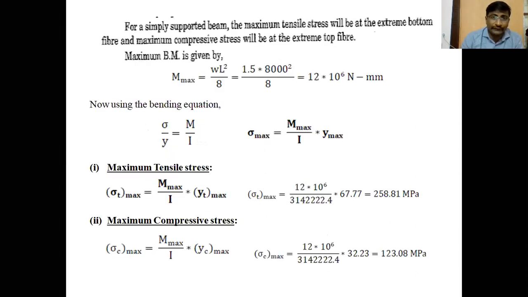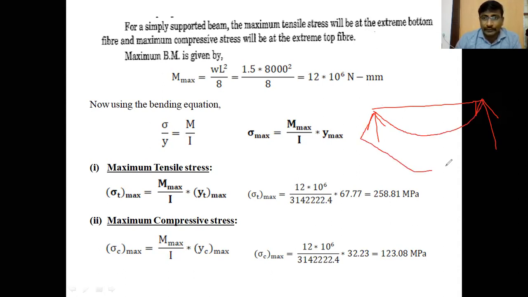After getting the moment of inertia, for simply supported beam, the maximum tensile stress will be at the extreme bottom fiber, and maximum compressive stress will be at the extreme top fiber. How to know that point? Simply supported beam like this, the beam is supported at its ends. After loading UDL, it bends like an arc like this.